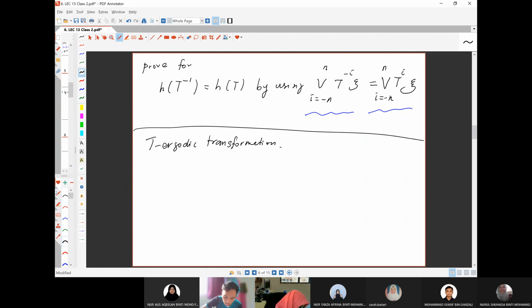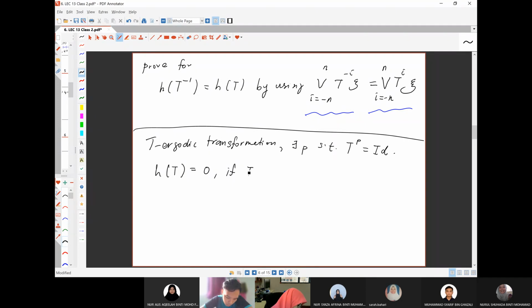If T is an ergodic transformation, there exists p such that T power p is equal to the identity. So what is your entropy if T power p is equal to identity? 0, correct.